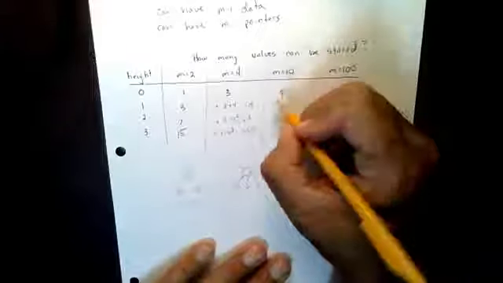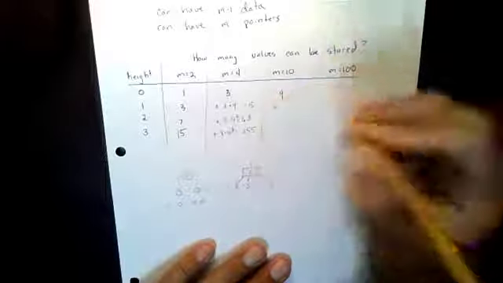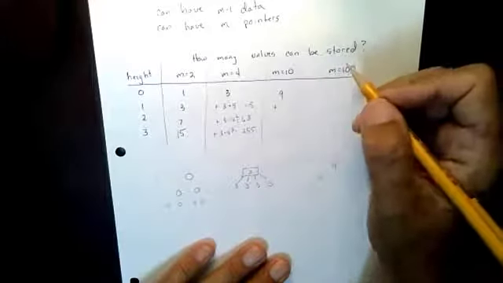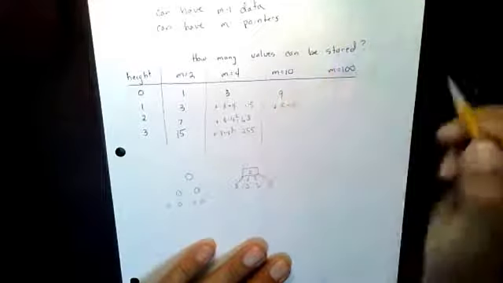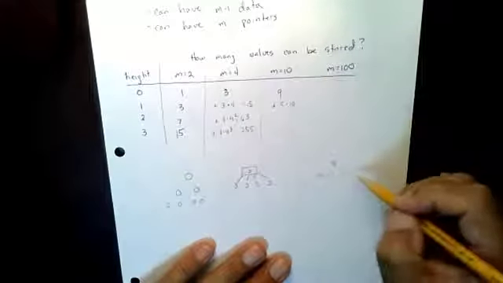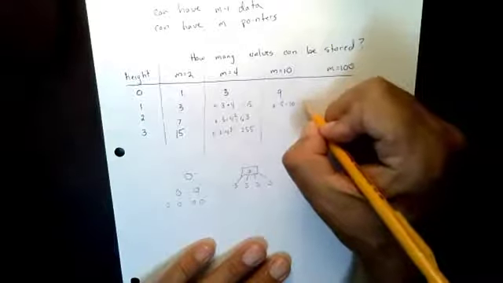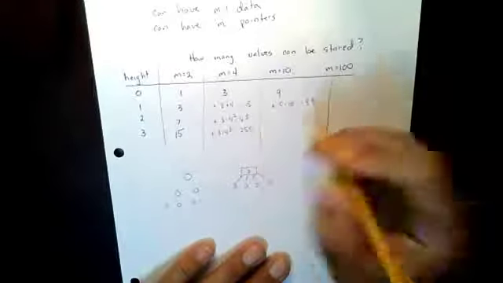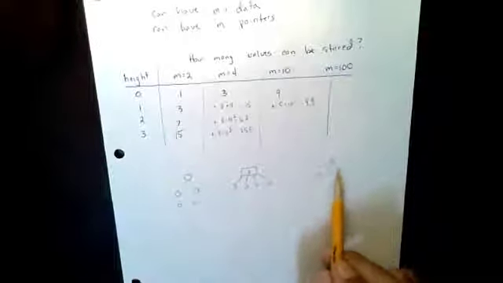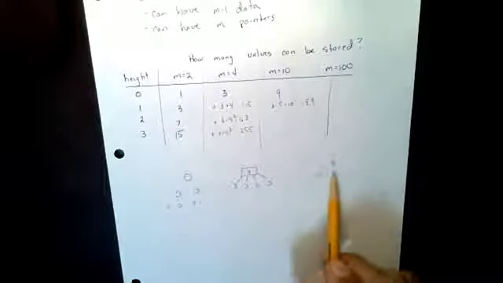So my next number is going to be, I'm going to add 9 times 10 to the first power, because there's 10 of them, right? And that gives me, as Conrad said, 99.